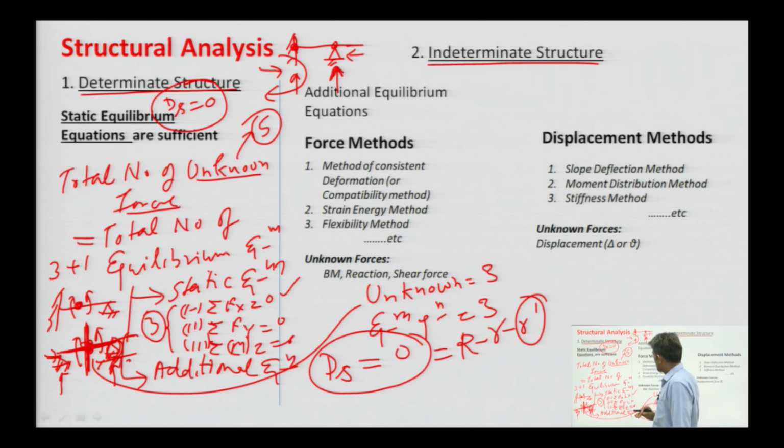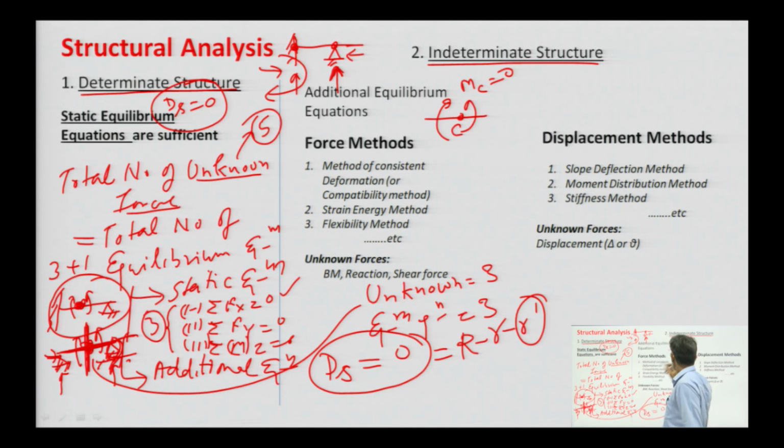But in this case, the total number of unknowns is 5, but the available equilibrium equations are 3 plus 1, where 1 is the additional one due to the internal hinge. Because an internal hinge gives the additional equation that the moment equals 0 here. If an internal hinge is at any point, suppose this point is C, then the moment for the left part and the right part is 0 for both.